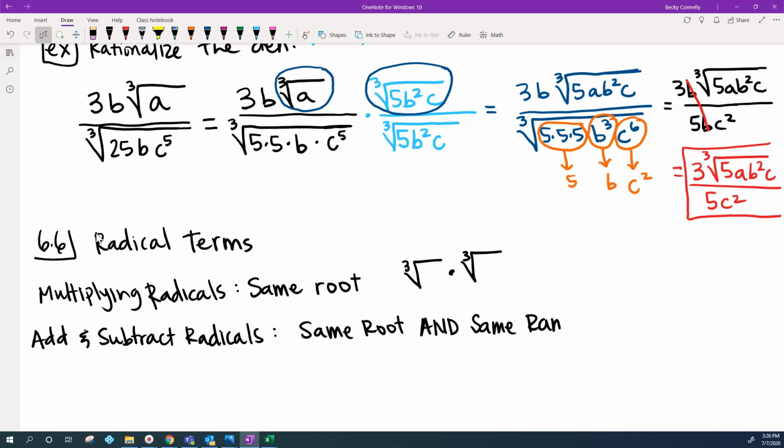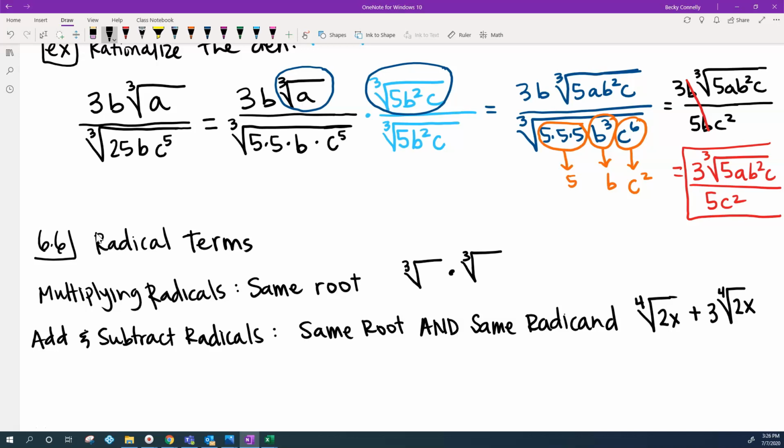So the stuff inside has to be the same also. All right, so if I have the fourth root of 2x added to, let's say, 3 times the fourth root of 2x.